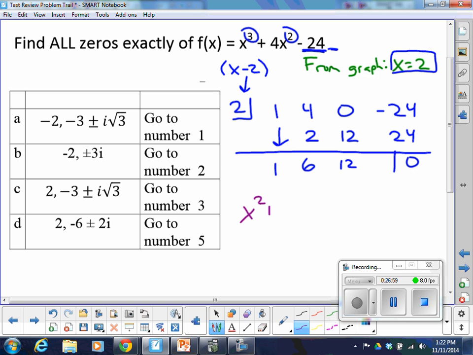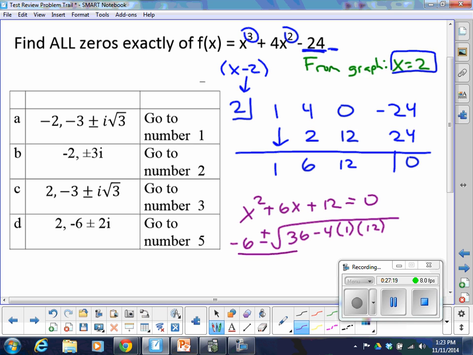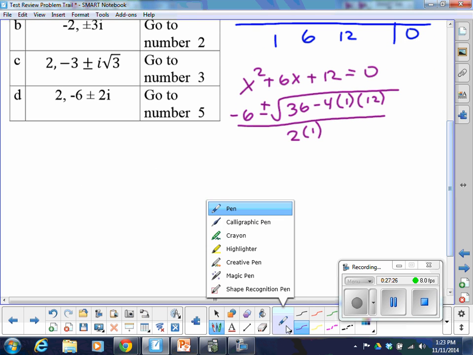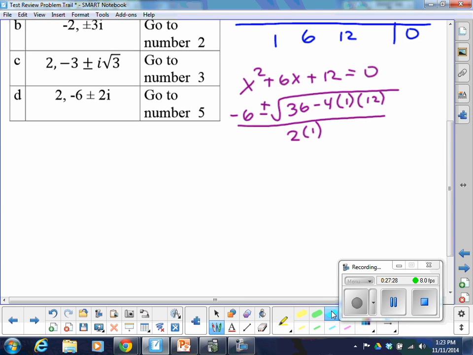Here are my coefficients. We could just go ahead and solve that using the quadratic formula. Okay, and we would do negative b over 2a, plus or minus square root of b squared, which is 36, right? 6 squared, minus 4ac, all over 2a. Okay, and then we'll just go ahead and do some simplifying, okay, because we need these exact. So I'm looking for the value of the discriminant here.